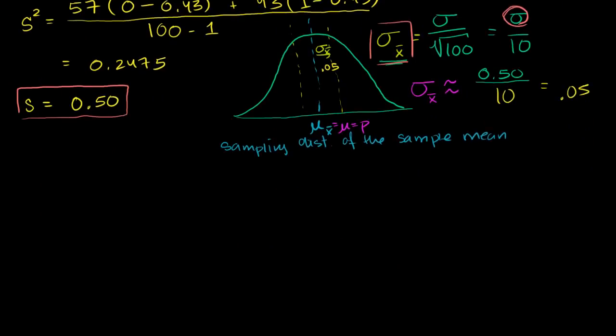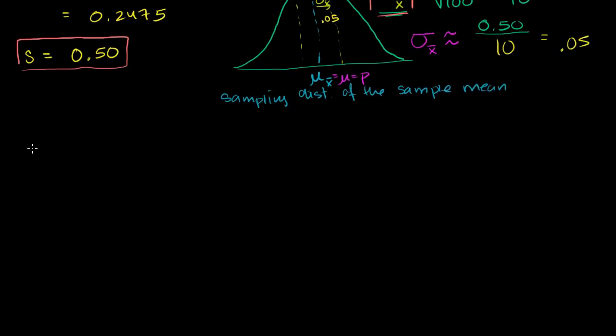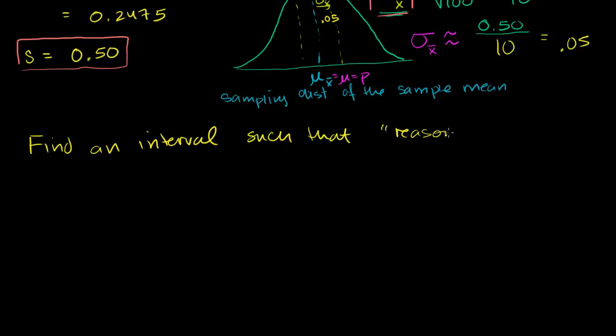I want to find an interval such that I am reasonably confident, and I'm putting this kind of touchy-feely language over here because it's all around the fact that I don't know for a fact that this standard deviation is 0.05. I'm just estimating.